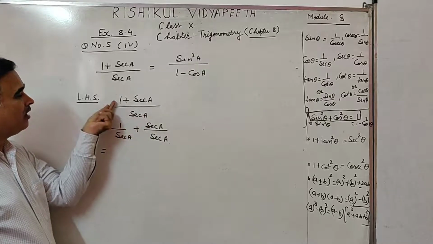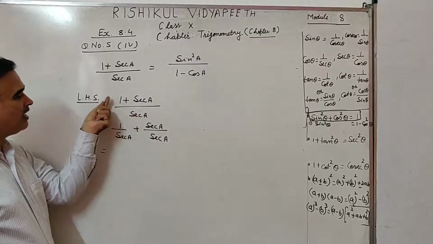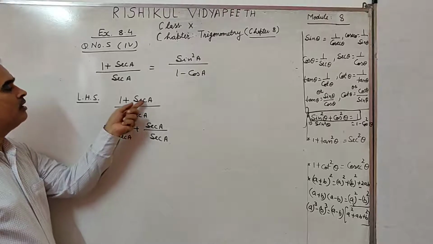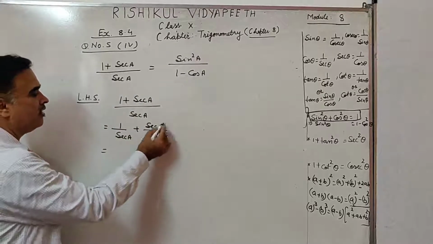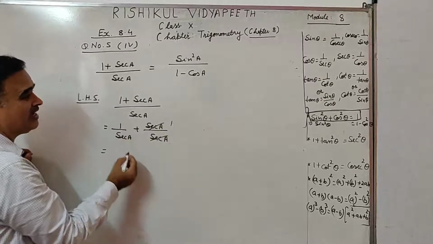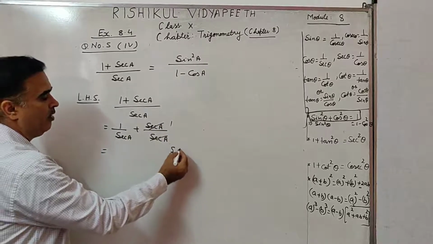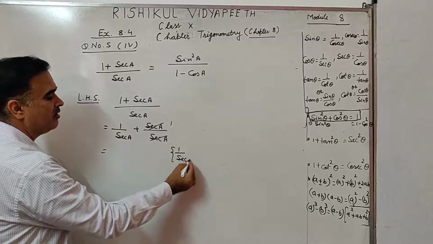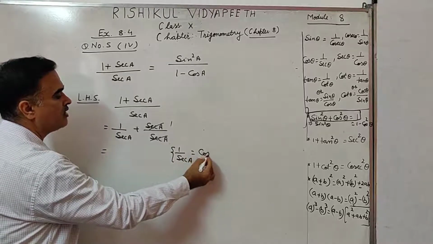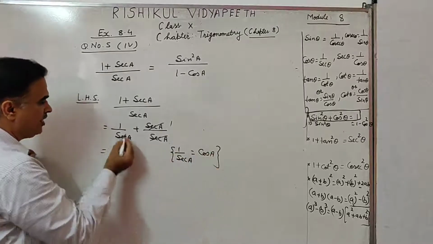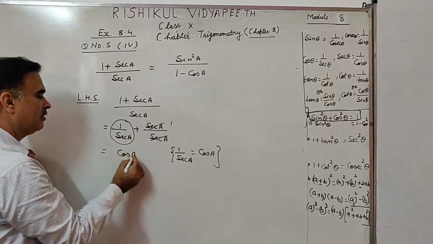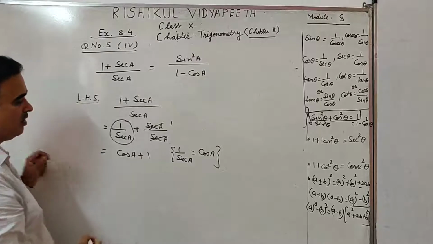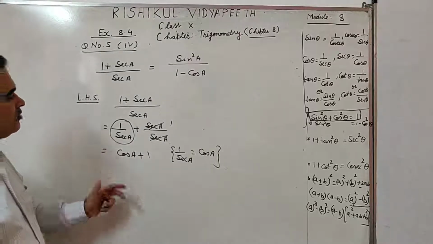Sec A is the denominator of 1 and of sec A also. So we separate it, it cancels out, it is 1. 1 by sec A, you know, equals cos A. So in place of 1 by sec A, we can write cos A plus 1. From here, we don't need to move further.